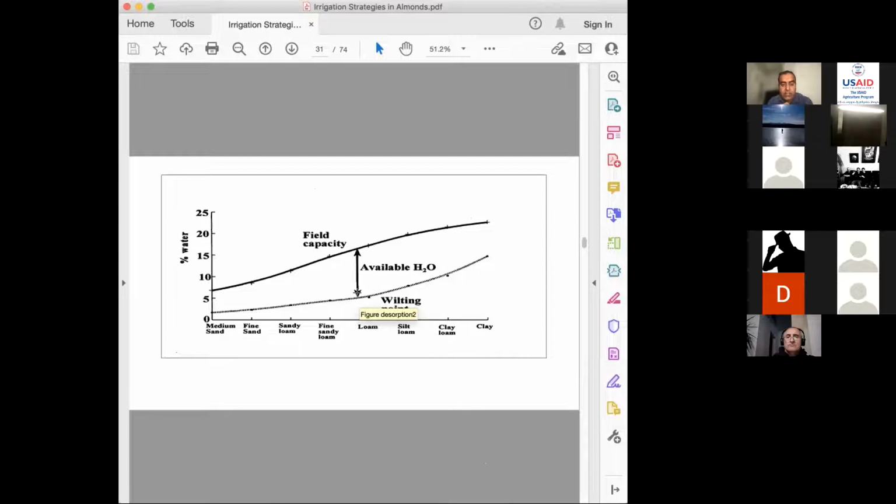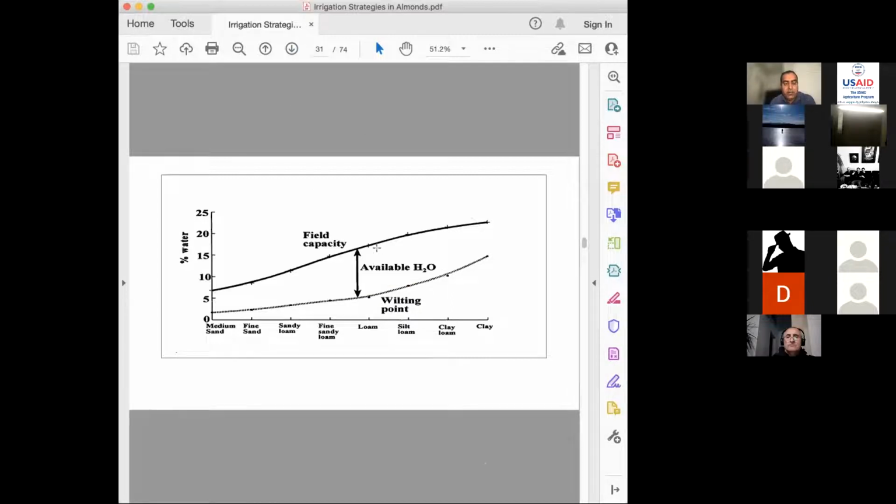We only recommend that we can use only half of that. Okay, so basically total available water times 50%. So whatever total available water is in your particular soil, you can only use up to 50% of that. You don't use beyond 50% of that water. So you only use 50% of that available water and then apply more irrigation.